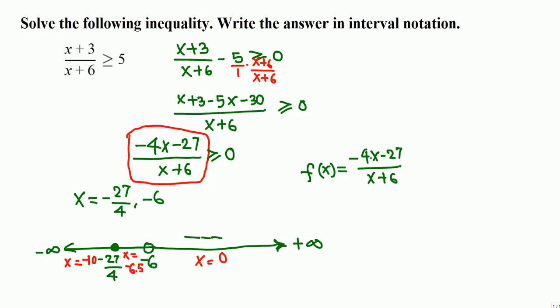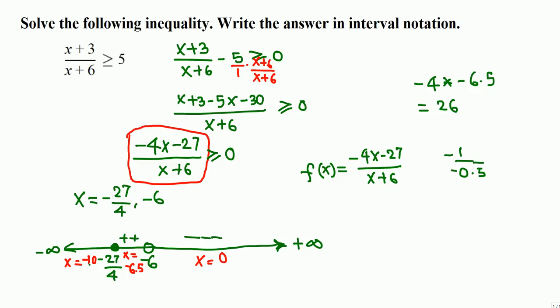Negative 4 times negative 6.5 is 26, so 26 minus 27 is negative 1, over negative 6.5 plus 6, negative 0.5. Negative on the top, negative on the bottom, so this will be a positive number. It doesn't matter how many positives you put, just positive, to indicate we'll have positive.